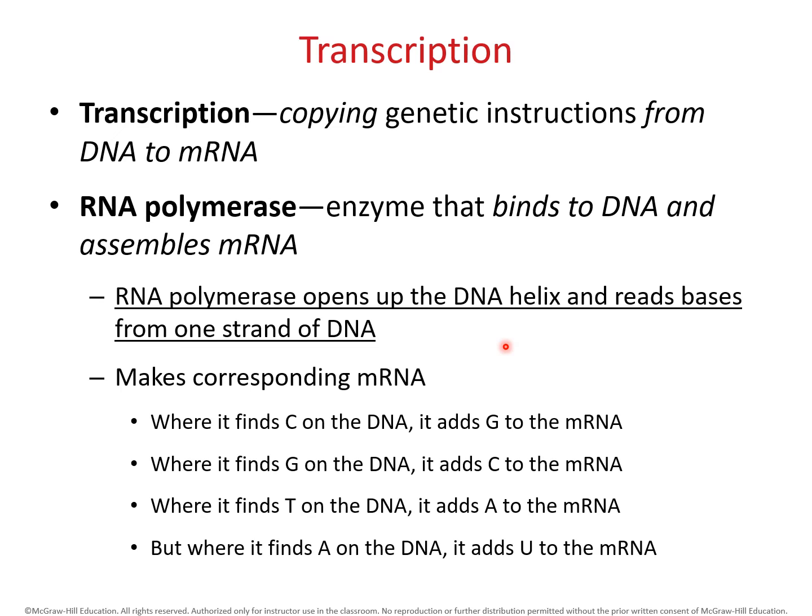So let's talk about transcription, a little more detail about it. Again, what is it? It's the copying of the genetic instructions on DNA to a new mRNA molecule. There is a very important enzyme called RNA polymerase. You must know this enzyme. Keep in mind, there are different kinds of RNA polymerase: RNA polymerase 1, RNA polymerase 2, etc. We're not going to know all the differences between them.